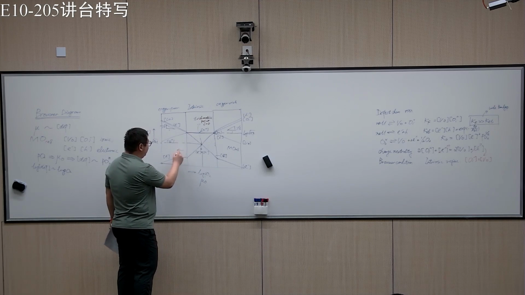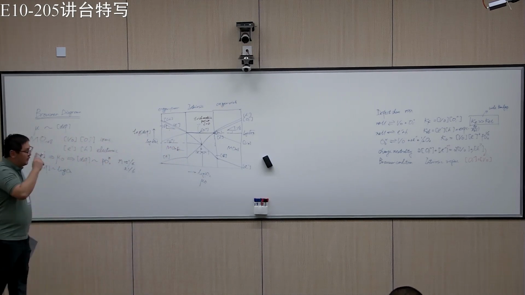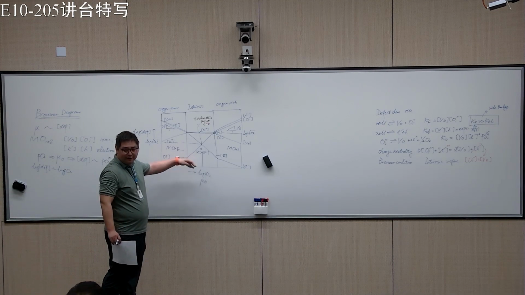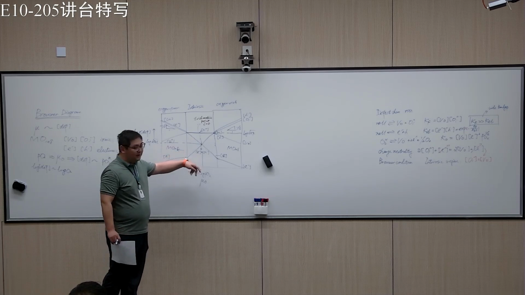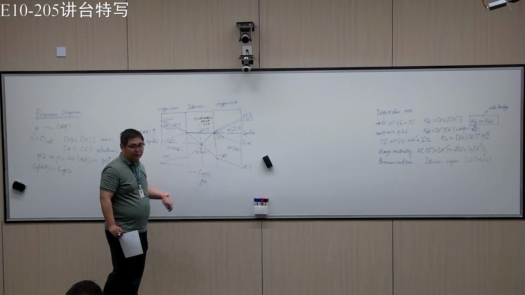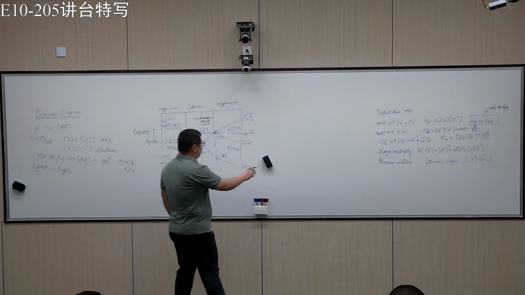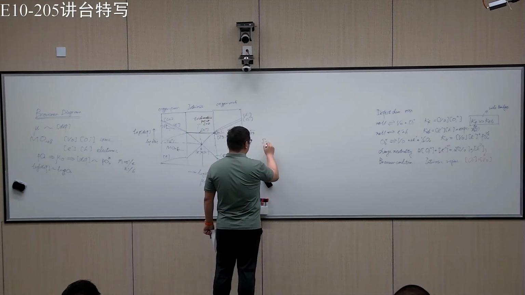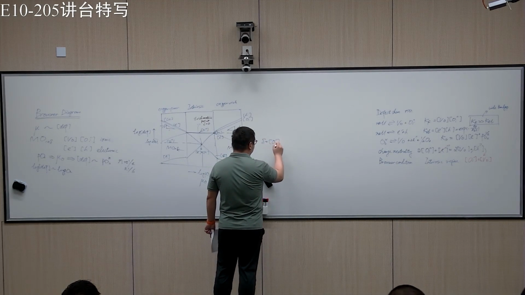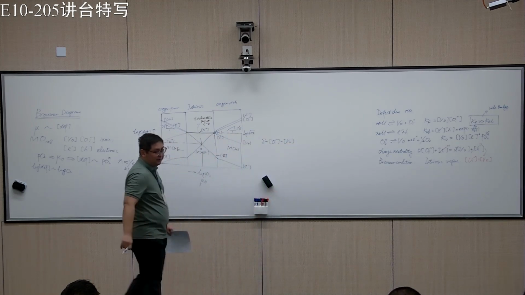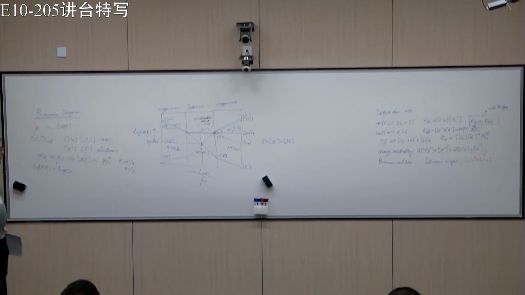Any point you go in this direction, you have MO1 minus delta. Okay. So basically, anywhere left of this line, we have oxygen deficient, and anywhere to the right of this line, we have oxygen excess. Okay. So basically, you can also define delta as the amount of oxygen interstitials minus the amount of oxygen vacancies.